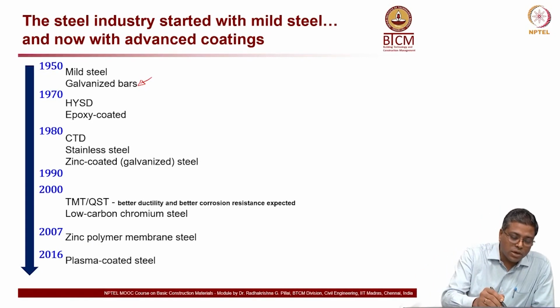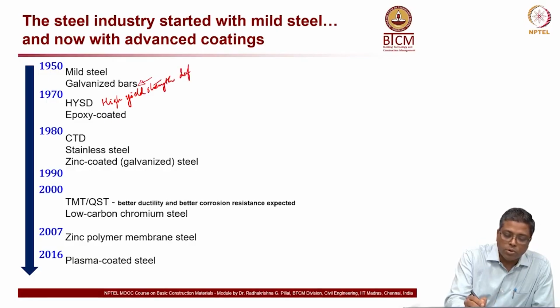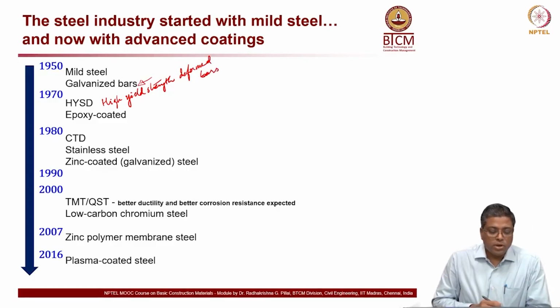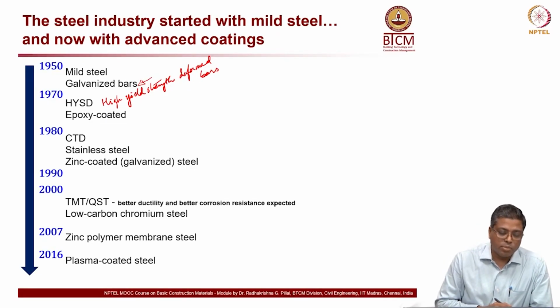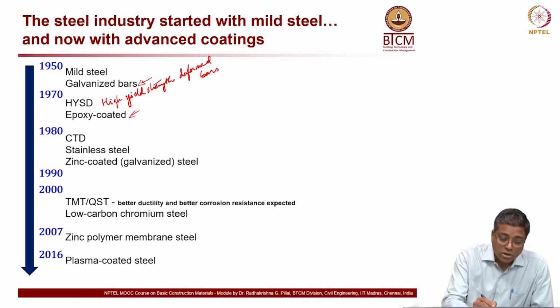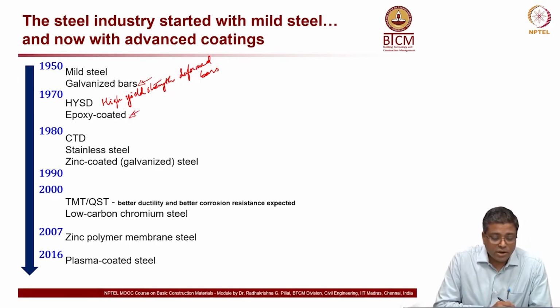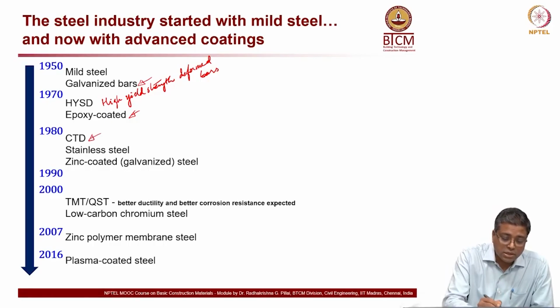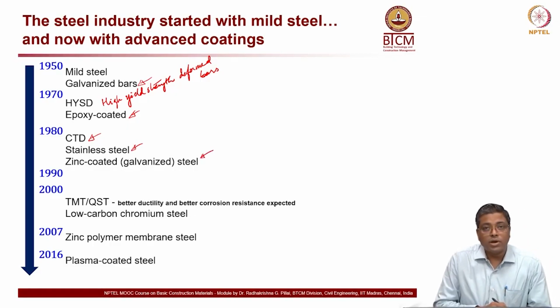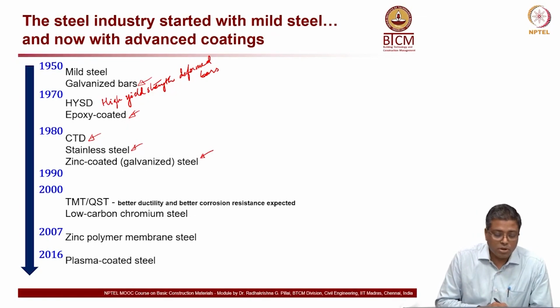Then HYSD, or high yield strength deformed bars, were used. Then epoxy coated rebars were introduced in the 1970s, and in the 80s we started seeing cold twisted deformed rebars, then stainless steel, then again galvanized or zinc coated steel came into the market.